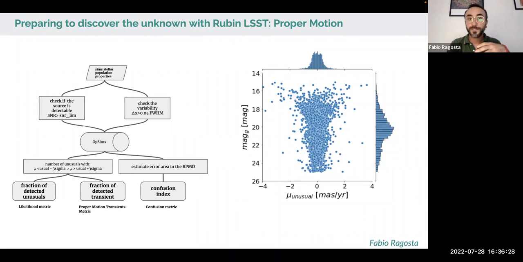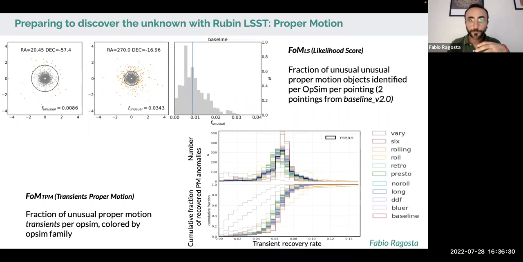Next slide, please, Xiaolong. So first, we simply test the ability to recognize an unusual object, and we identify as unusual all the objects that fall outside the 3 sigma limit of the measured proper motion distribution of the usual population, and this is shown in the plot on the top of this slide.